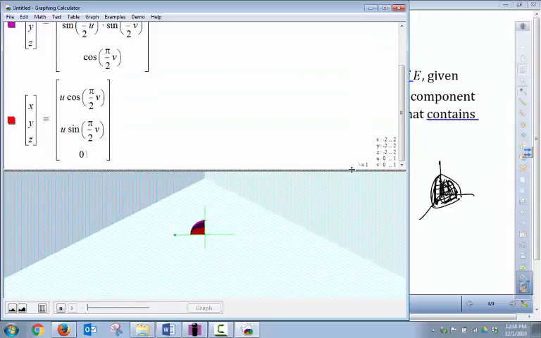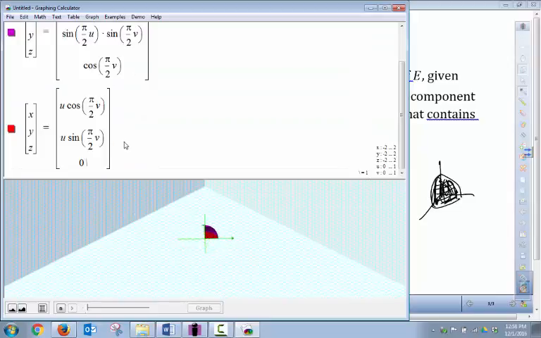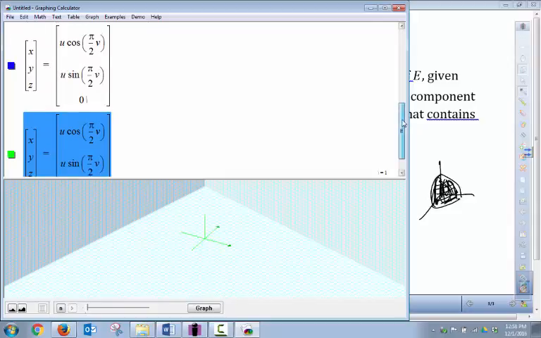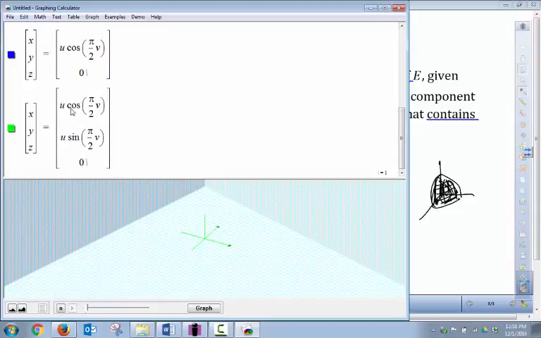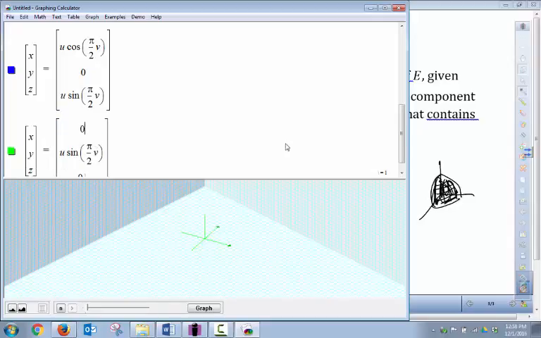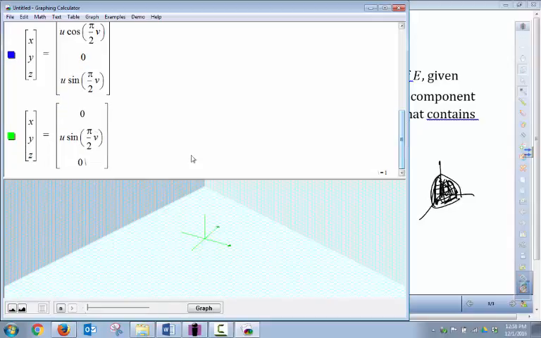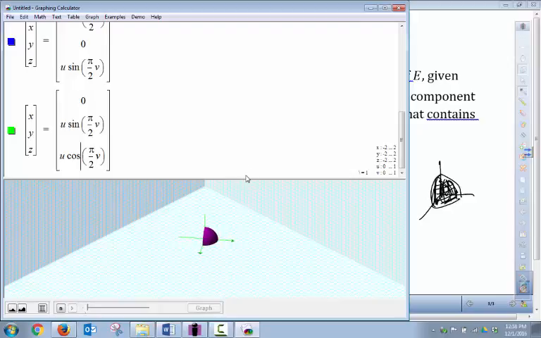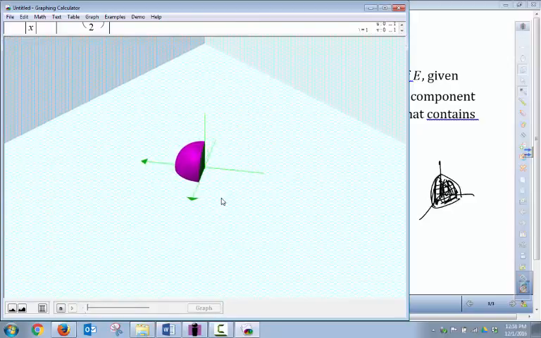Why don't I just finish it, since I think it'll be quick. I think if I just switch one of these, that would get me all my sides.